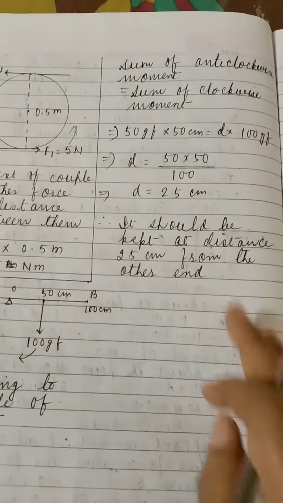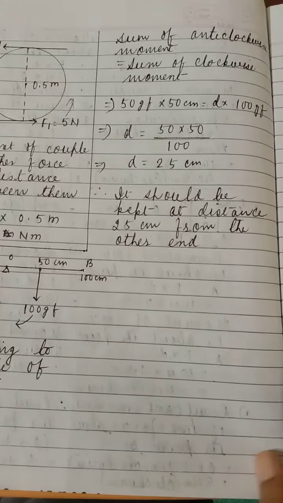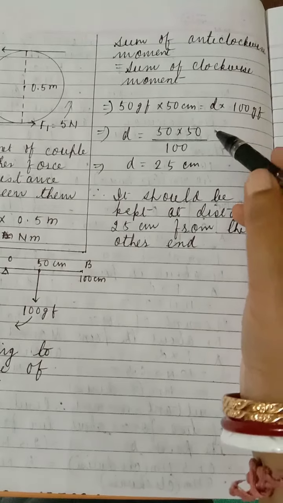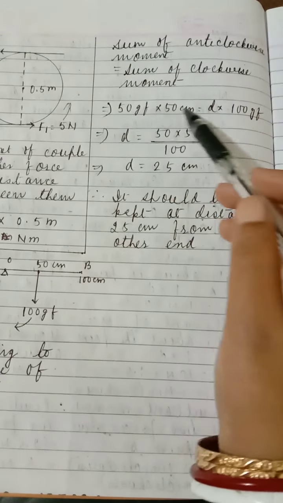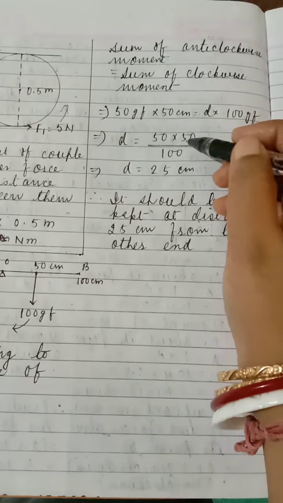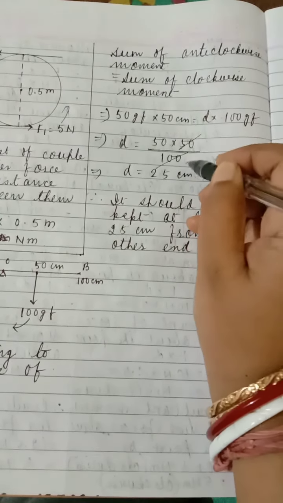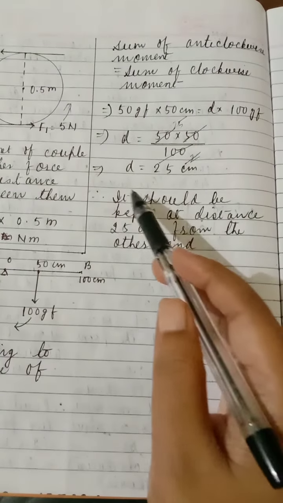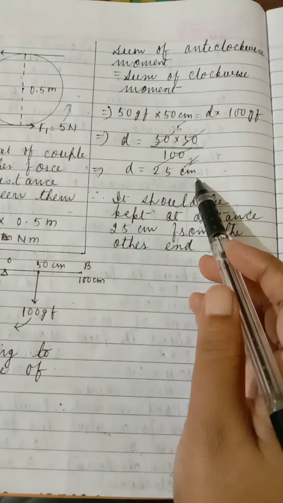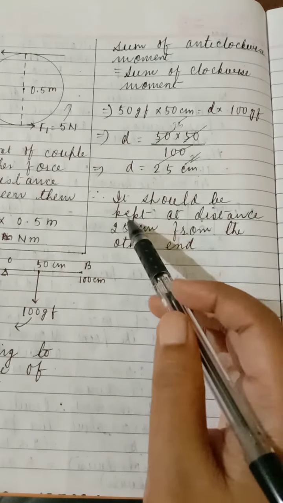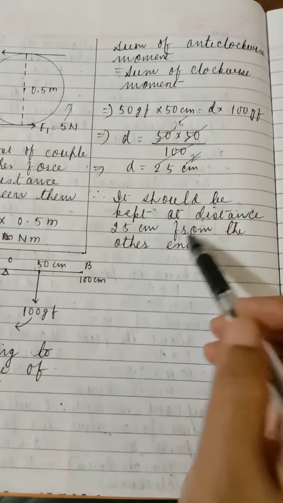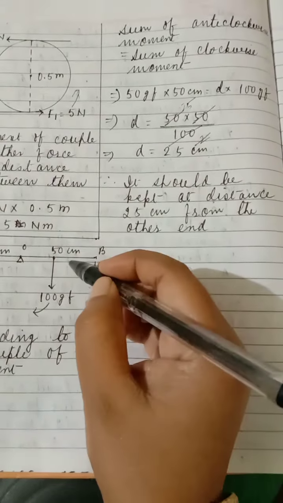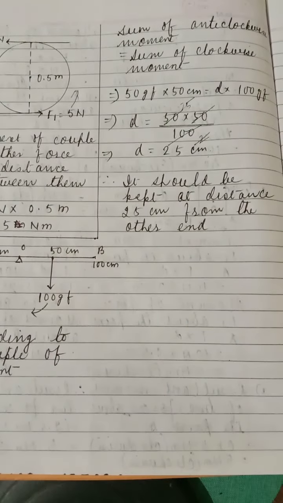So D is equal to 50 into 50 by 100. If we cancel it, 50 twos are 100 and 25 times 100, so D is equal to 25 centimeter. So it should be kept at a distance of 25 centimeter from the other end. That means at the 25 centimeter mark, the 100 GF has to be suspended.